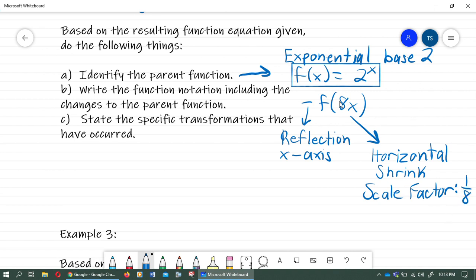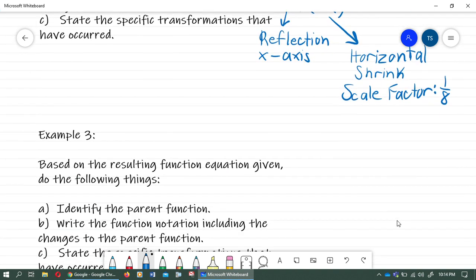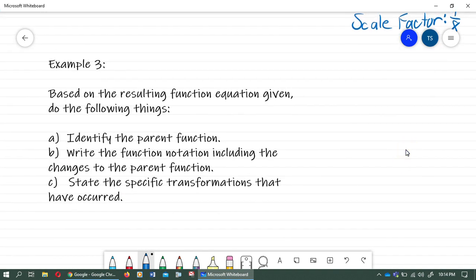All right, so again, what that means is if your scale factor is 1/8 for this horizontal shrink, you'll take your x values. If you had a graph with certain points, you'll take the x values and multiply the x values by 1/8.